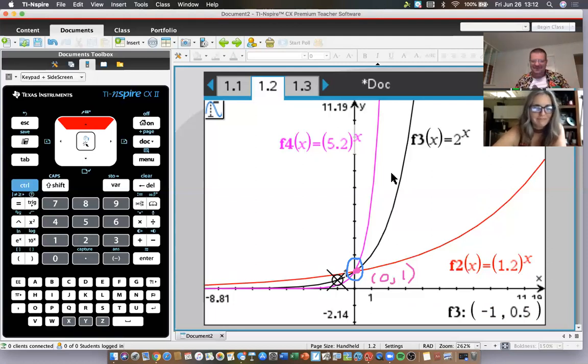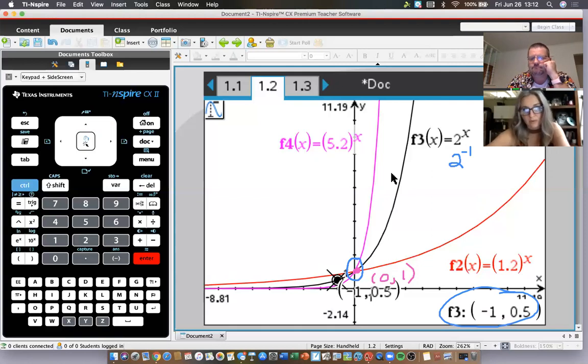Help me out. Tell me why doesn't this go negative? Okay, so if I think about 2 to the x with a negative exponent, like if x is -1, on the black graph right here, you can see that's this point right here, -1, 0.5. Now you have to remember back from Algebra 1 and Algebra 2 when you learned exponent rules.